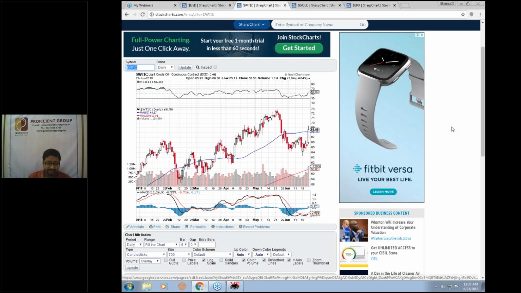Initially, this may seem bearish for crude oil, because if there is an increased supply, then crude oil is likely to see more sell-offs, right? But that is not exactly what happened.